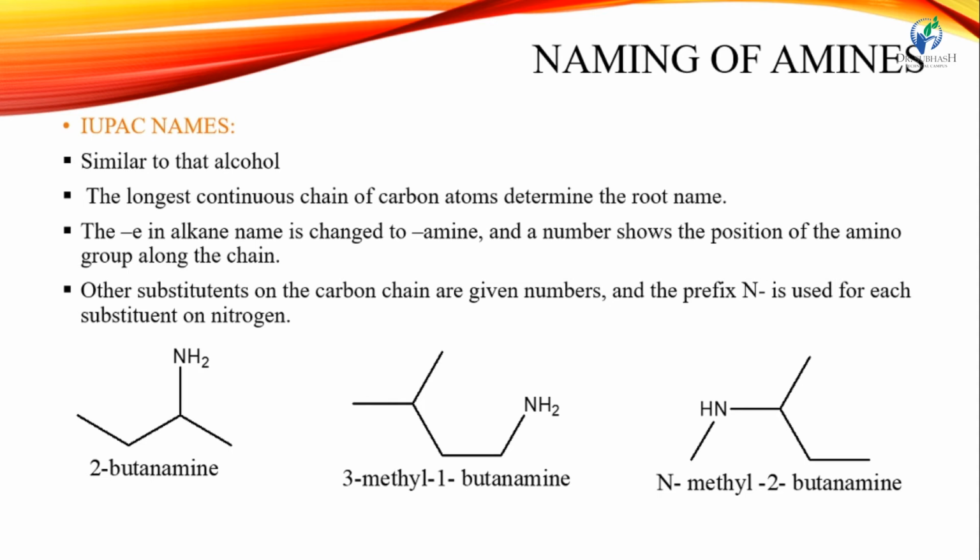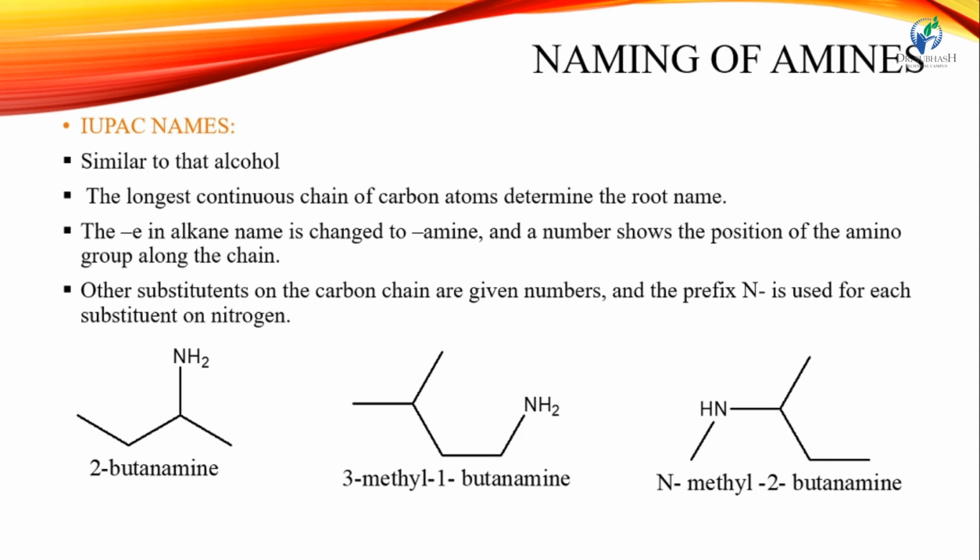In alkane naming, to change it to amine, the E is removed and amine is added. So butane becomes butanamine. The number shows the position of the amino group along the chain.